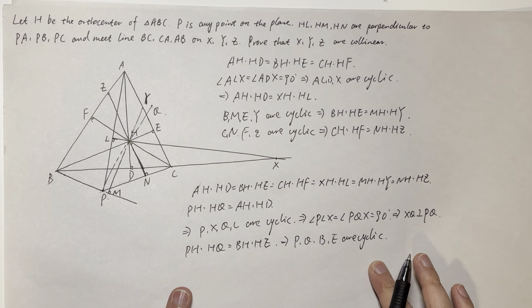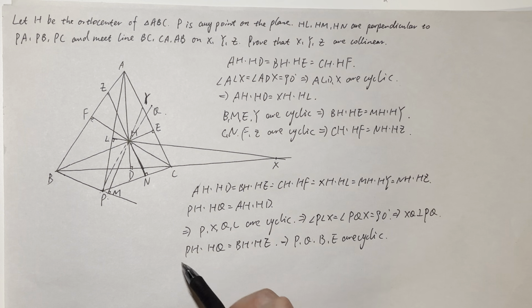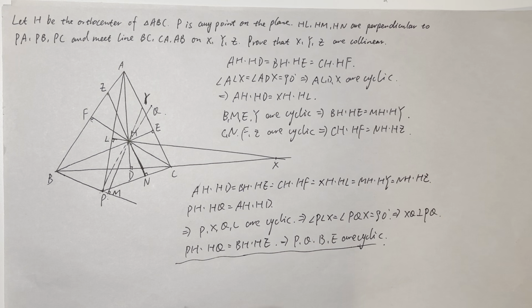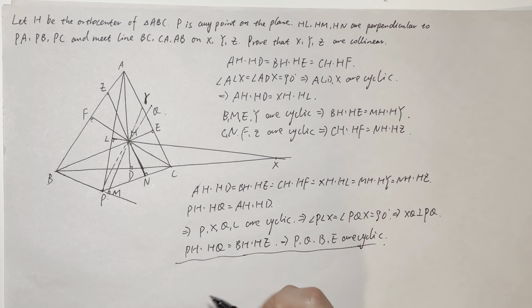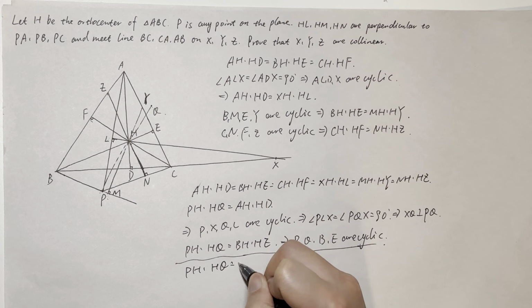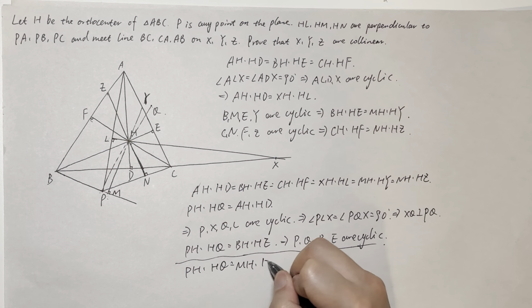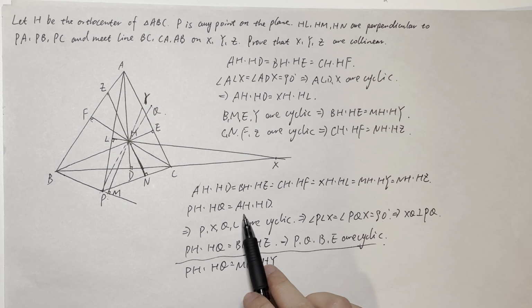Wait, am I right? Yeah, but this is not what we are going to use actually. I'm sorry. Actually, we're looking for the angle PMH, right? PH times HQ equals MH times HY, similar to this one.